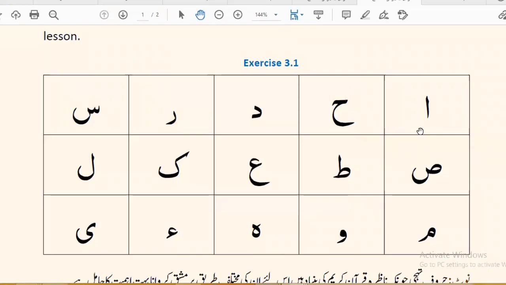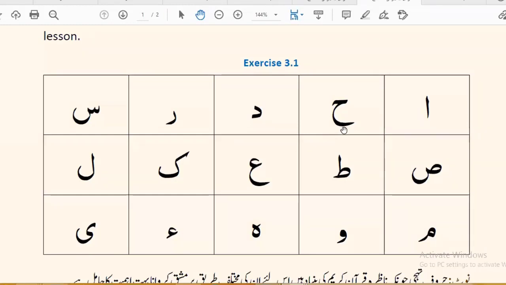So exercise 3.1, like I just said, these are all the letters that have no dots on them. You can see that none of these letters have any dots. So can you tell me what letter this is? Alif. Excellent. And this one? Ha. Good, well done. So a nice deep breath when you say this.